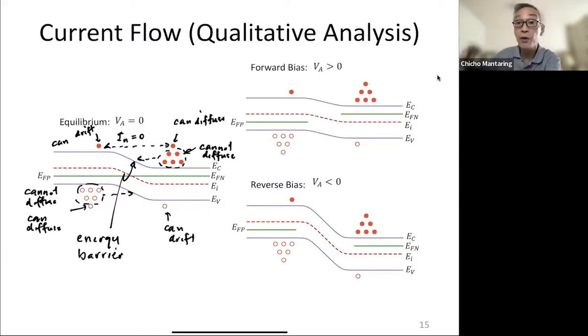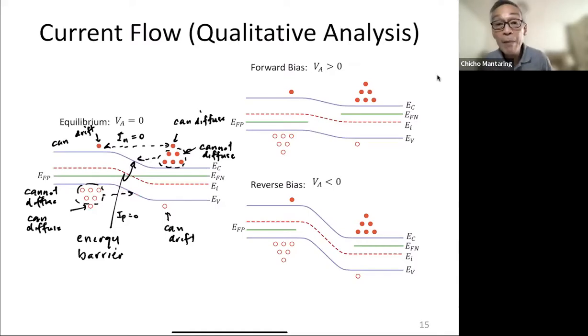The energy barrier of the hole is opposite the energy barrier of the electron. So these holes cannot diffuse, and that's why I sub P is also equal to 0.